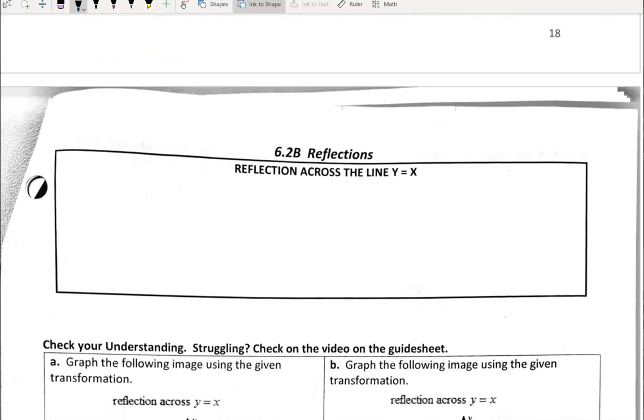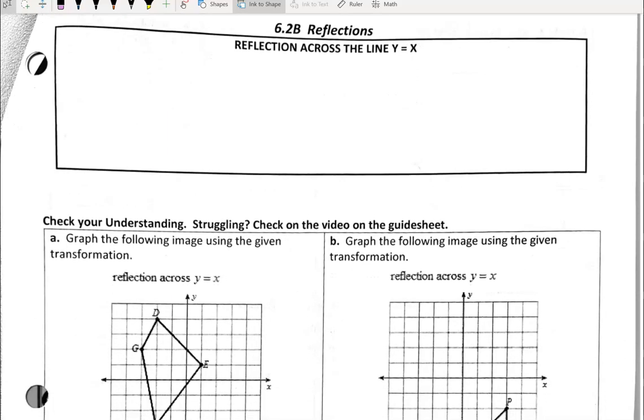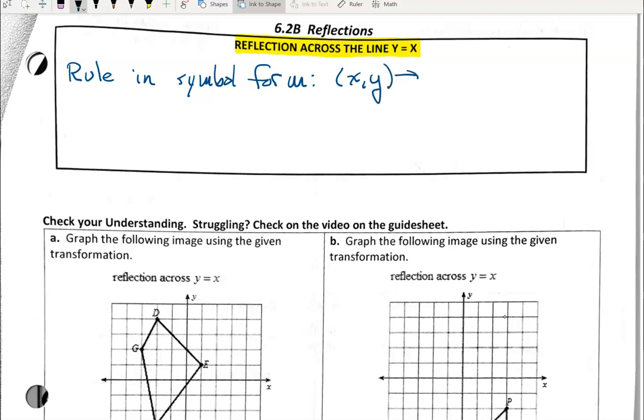Let's take a look at formalizing our rule here. So this is a reflection across the line y equals x. So when you're doing these problems, you could say it's a reflection across the line y equals x, or if we want the rule in symbol form, we would say x comma y and then the arrow.